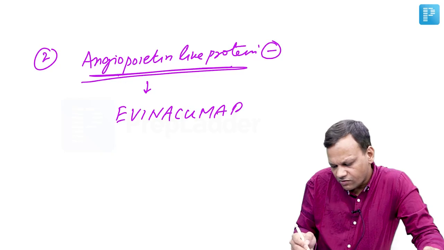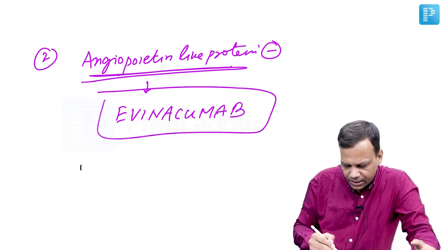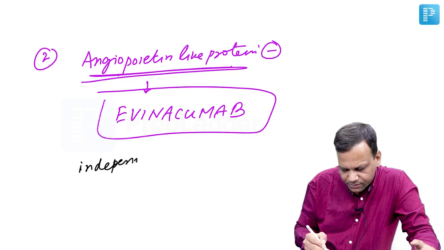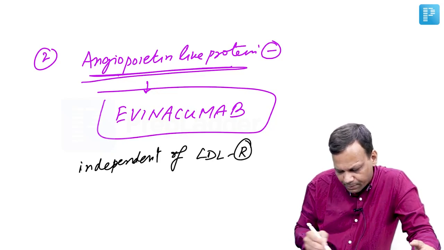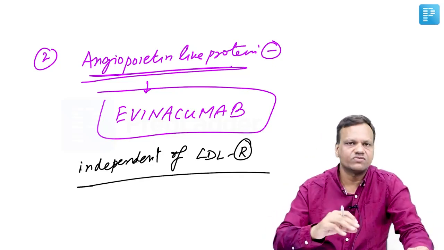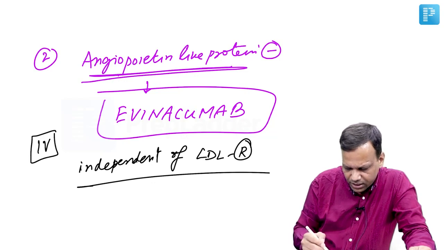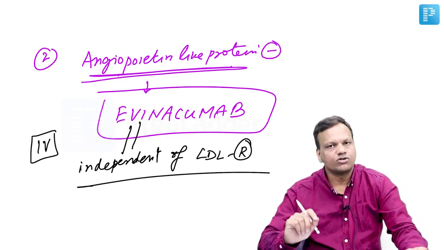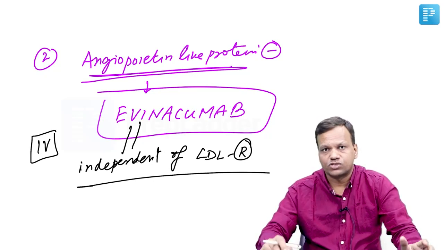The major advantage of evinacumab over any other antidyslipidemic drug is it works independent of LDL receptor. Normally, most of the drugs finally act through LDL receptors. This does not require LDL receptors. Even if there are no LDL receptors, still this will be effective. But the problem is it is an injectable drug. It is given IV. Evinacumab is not effective orally. Okay? So these are the important points regarding the cardiovascular system.